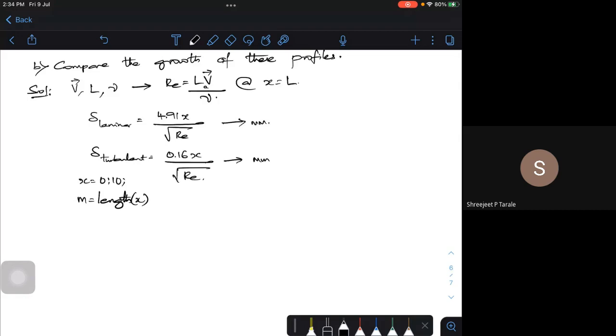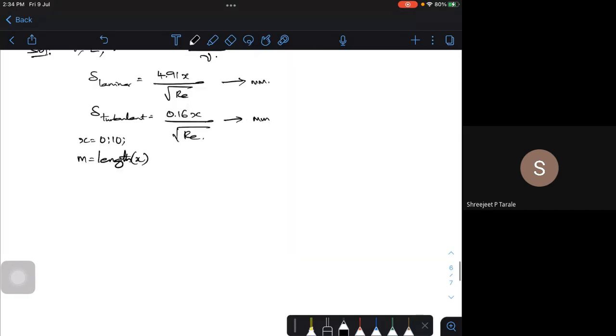We can go up to 10 or 20, whatever it may be. Now, if I want to plot it, I am going to put it in a loop, for i or j or m or l, whatever it may be, for i equal to 1 to the length of x.